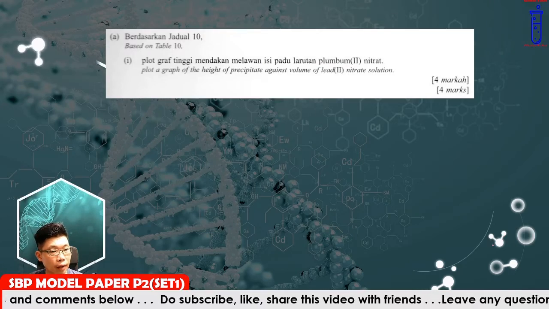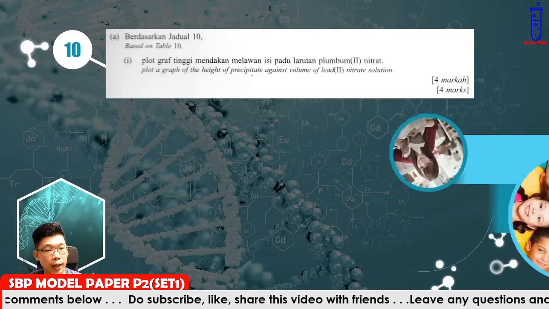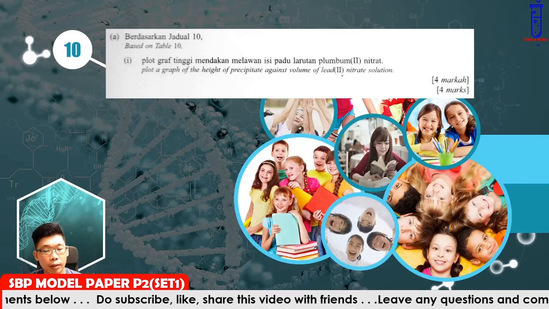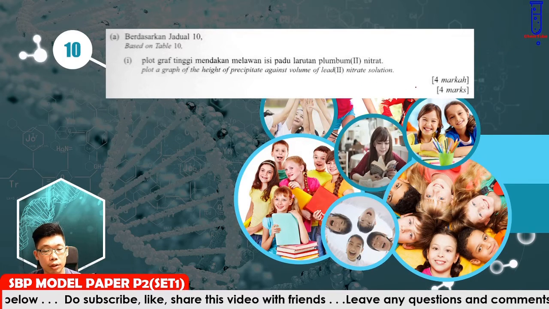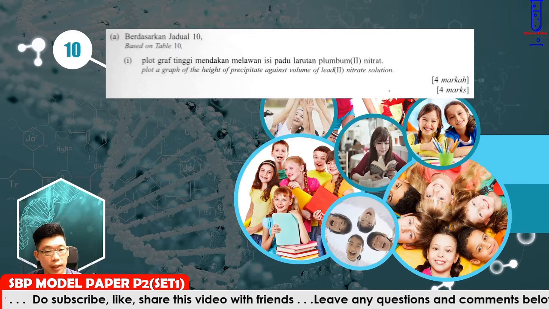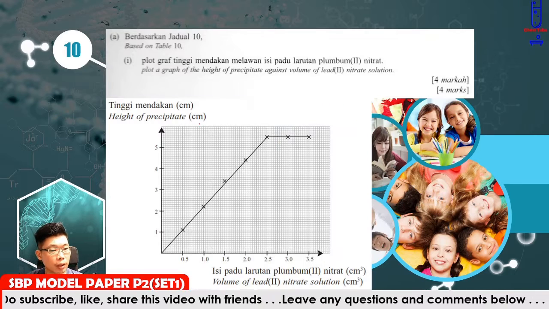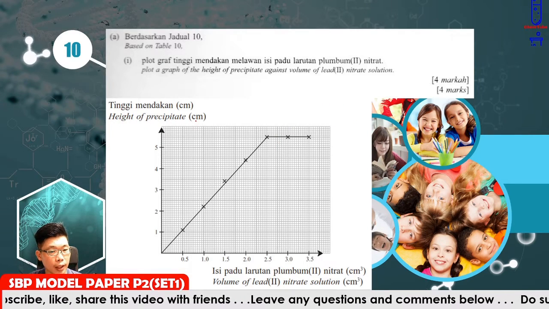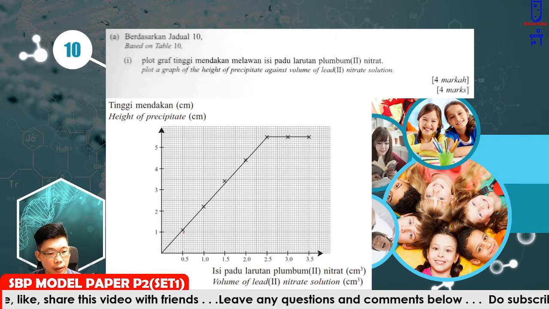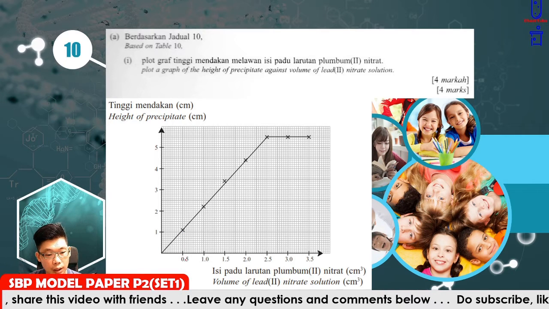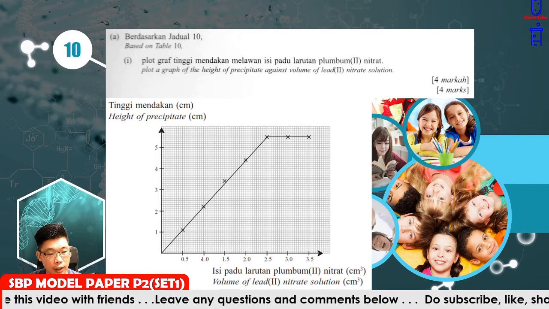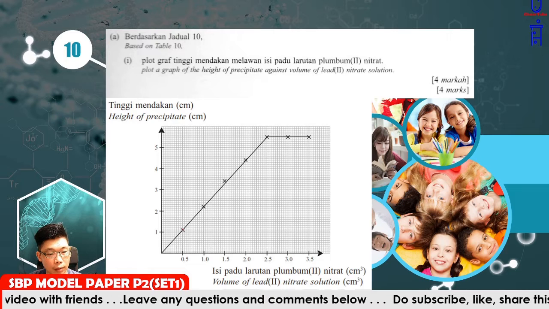So plot a graph of the height of the precipitate against the volume of the lead-2 nitrate solution. That is 4 marks. Here is a suggestion. First, the volume of the lead-2 nitrate is 0.5, then 1.0, and so on.